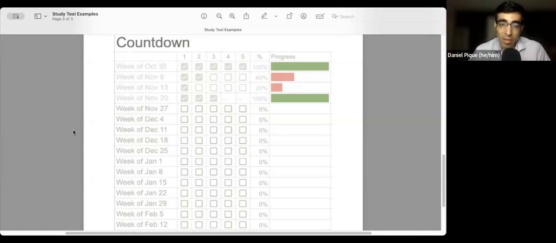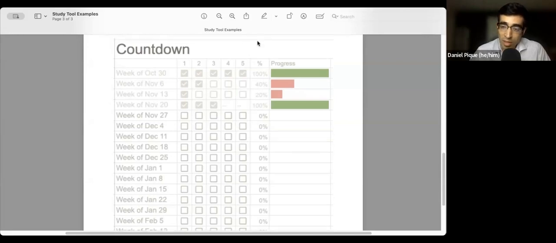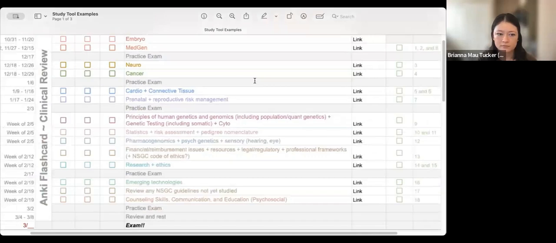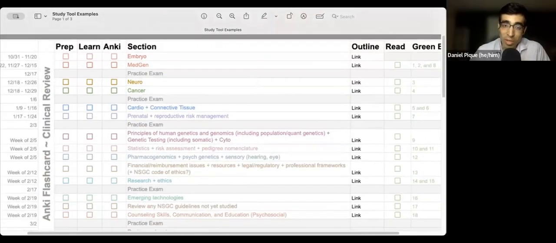This is great. Having some type of tool to remind you, just to keep you on track, keep you on schedule is really important when you are running a marathon, which is what you're doing when you're studying for this exam. This is a great example of a system, and really what we've been talking about this whole conversation, a system, Brianna, that you've created to, as you mentioned, keep yourself on track.